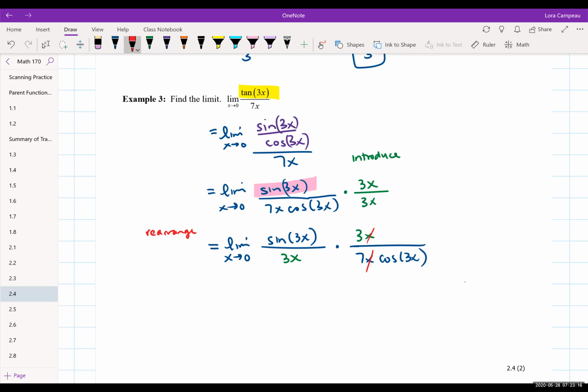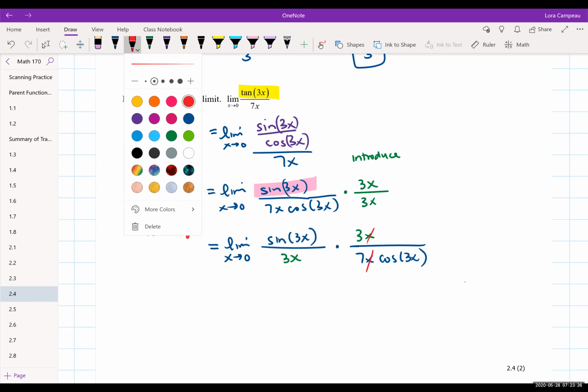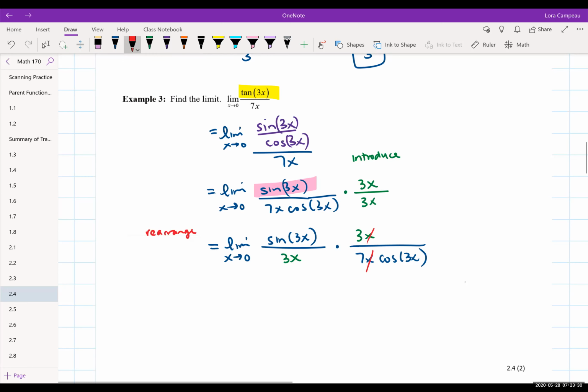And I also know I can play around with some of the properties, but I know the limit of this statement is going to give us a 1. And if we do some direct substitution at this point, we should have 3 over 7.